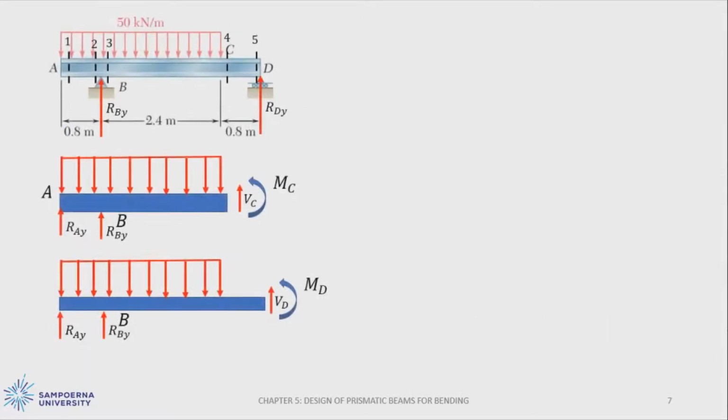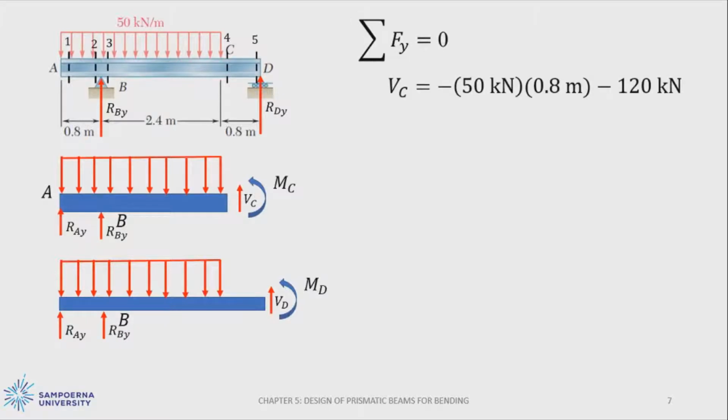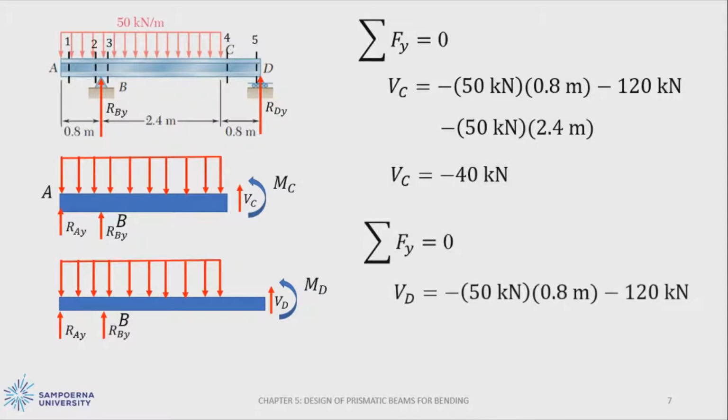And then we go to the next partition. For the fourth partition, or VC, we will obtain minus 40 kilonewton. And for VD, we get minus 40 kilonewton.